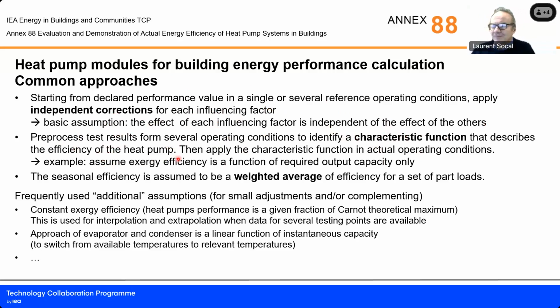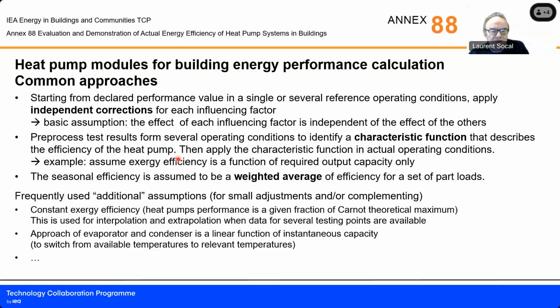Typically, you have several data test points in 14825 A, B, C, D, where all operating conditions are changing, so you're not able to extract the information about one influence factor, and you say, well, the efficiency, the exergetic efficiency will be a function of just the required output capacity.